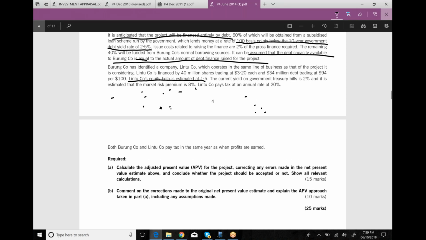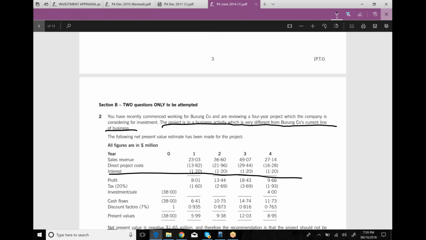You have recently commenced working for Burung company and are reviewing a 4-year project which the company is considering for investment. The project is in a business activity which is very different from Burung company's current line of business. So it means the company is going for diversification, right?